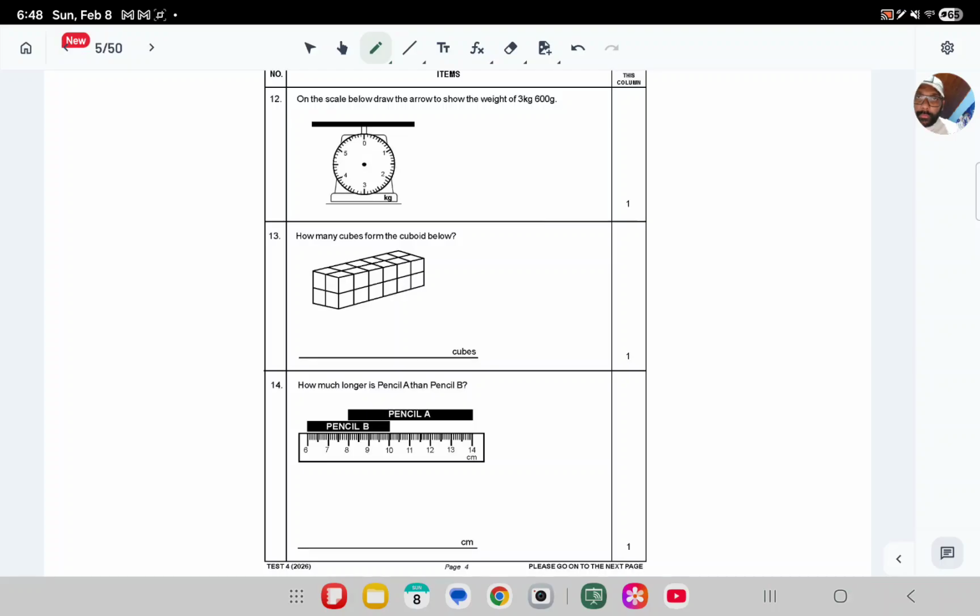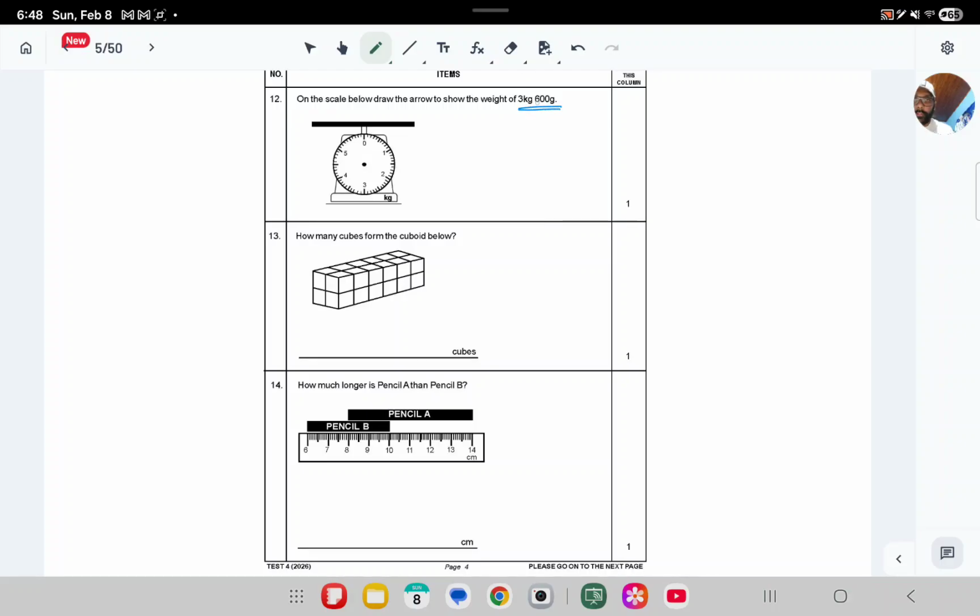On the scale below, draw the arrow to show the weight of 3 kg 600 grams. So we know this scale measures in kilograms, and each one of these strokes here represents 0.1 of a kilogram. So 0.1, 0.2, 0.3, 0.4, 0.5, 0.6, 0.7, 0.8, 0.9. Alright, and that'll be 1.0, which is 1 kg.